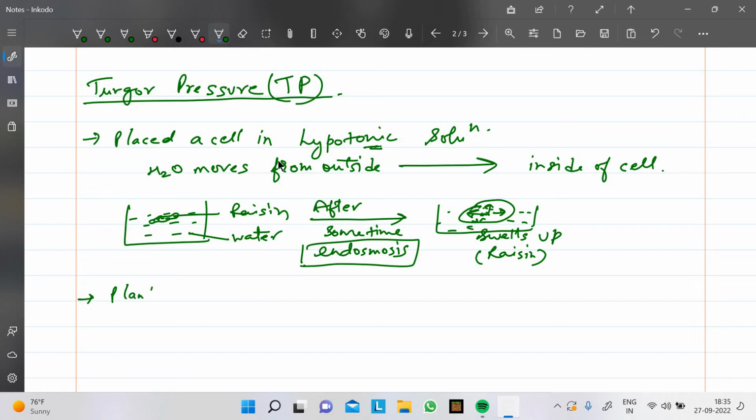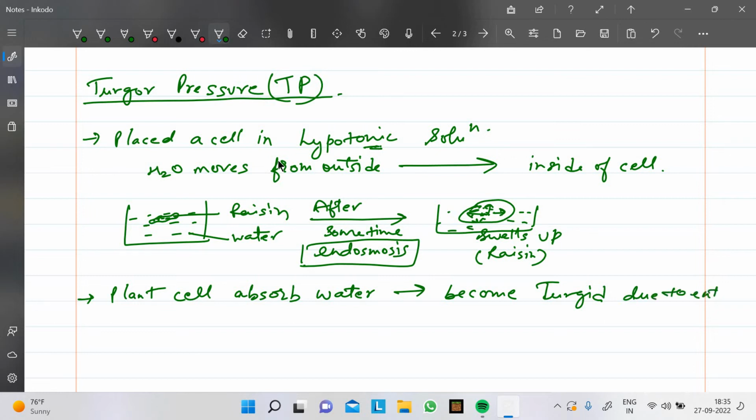Plant cell absorb water, become turgid, है ना, due to entry of water molecules.